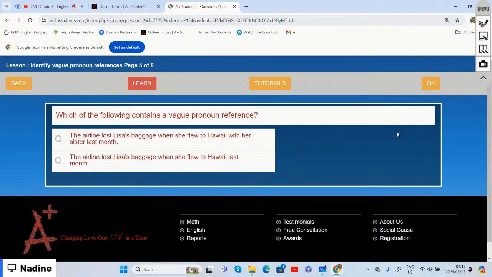And we said when it comes to a vague pronoun reference, it means that the sentence is still unclear. And there's two ways in which you can connect it.